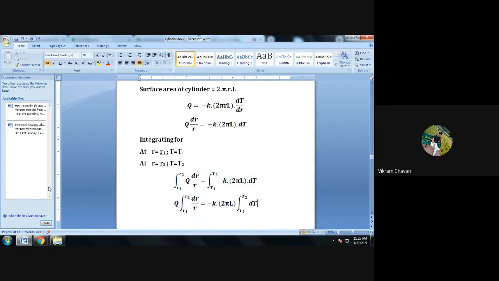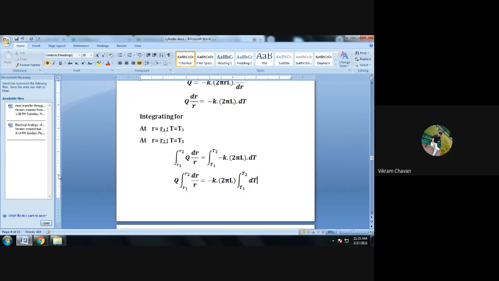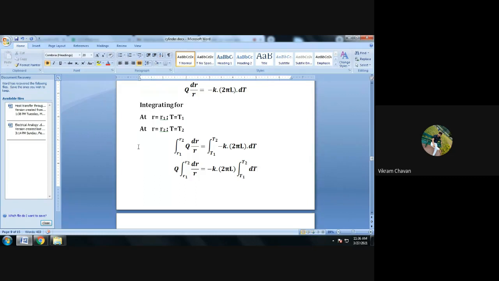Now, what is the integration of 1 upon r? Integration of 1 upon r is ln of r, and integration of dt is only t.